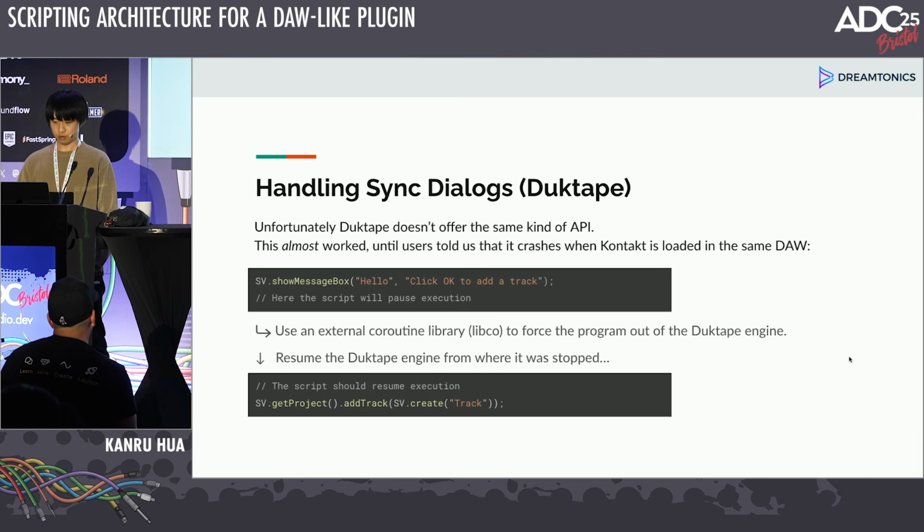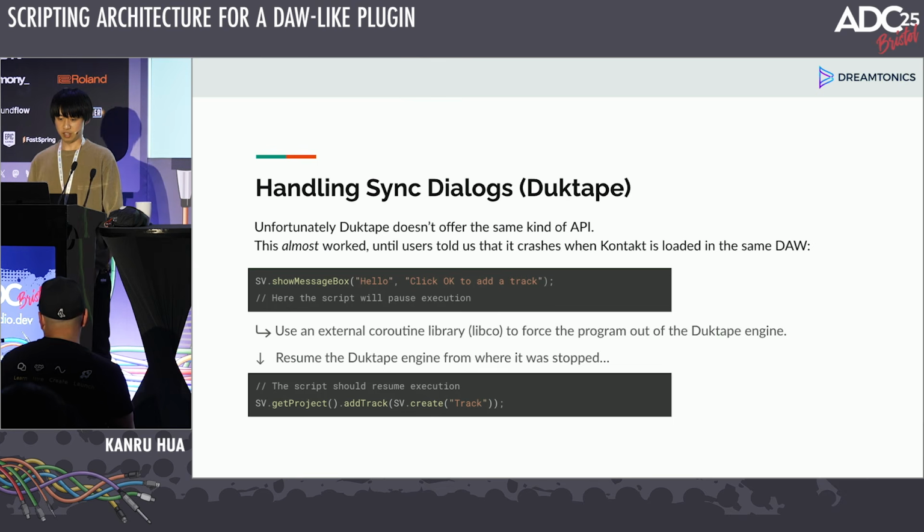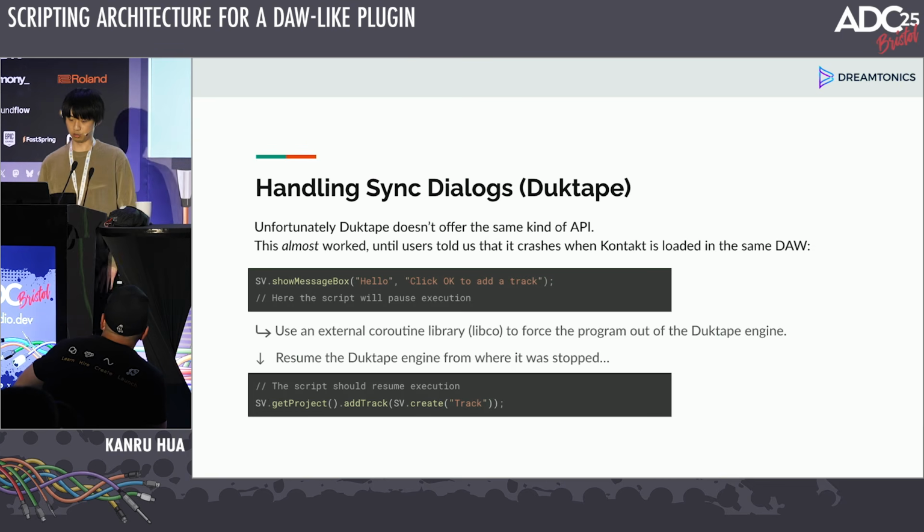But later when we tried to work with Duktape, we found, quite unfortunately, that 80% or 90% of the Duktape API can be mapped to Lua, but it just doesn't have the same kind of API when it comes to yielding and resuming the interpreter's execution.